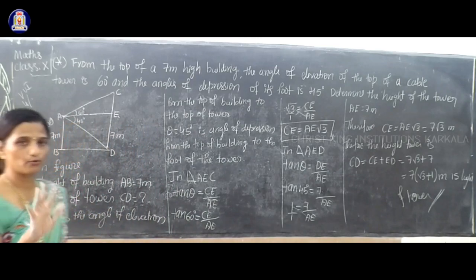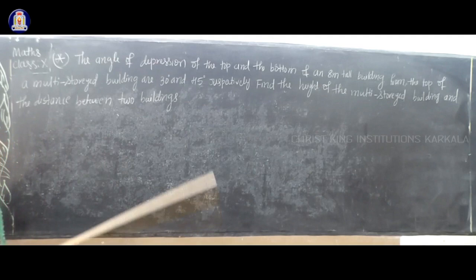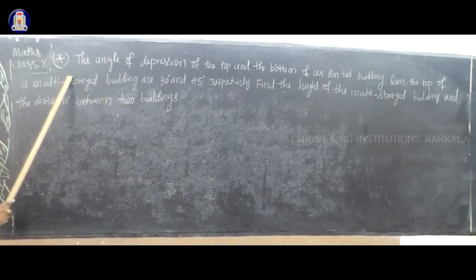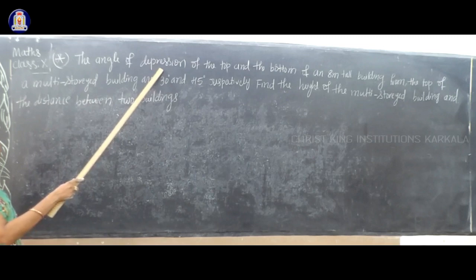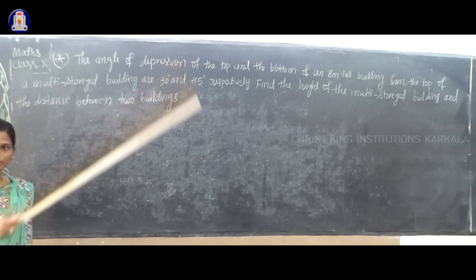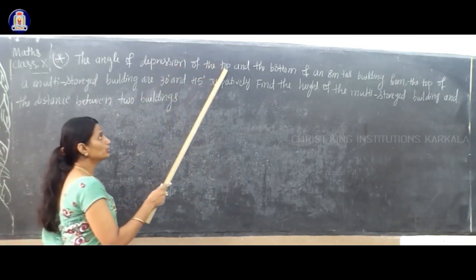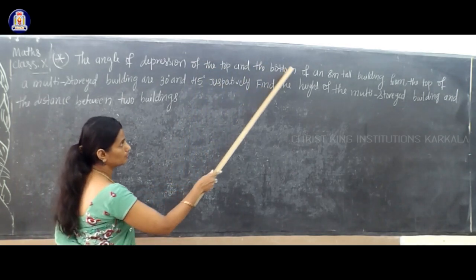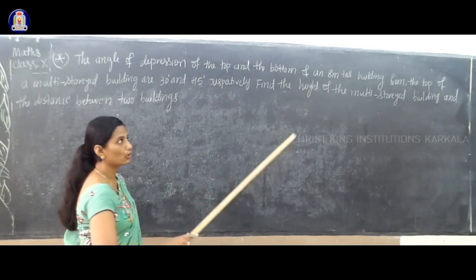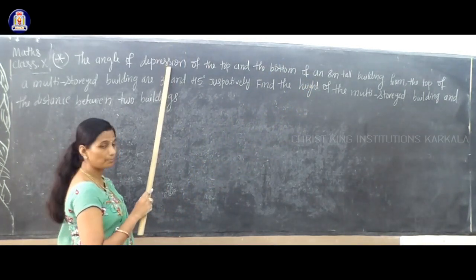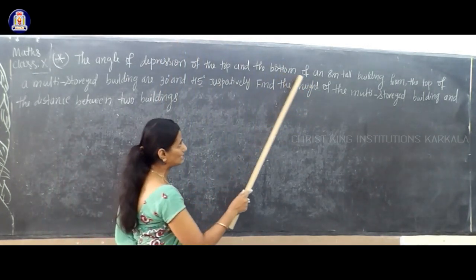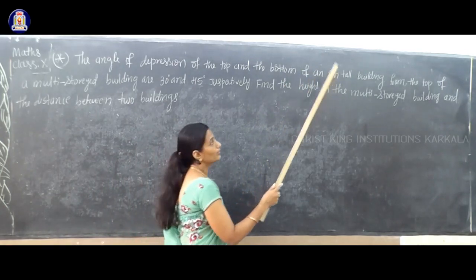Important question for 4 or 5 marks. Very important question this one. The angle of depression. So it is not angle of elevation, it is angle of depression of the top and bottom of an 8-meter tall building. So that means the angle of depression to the building from where?